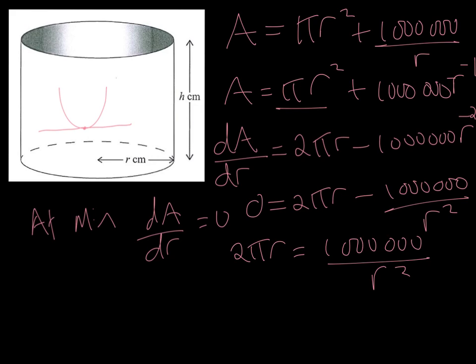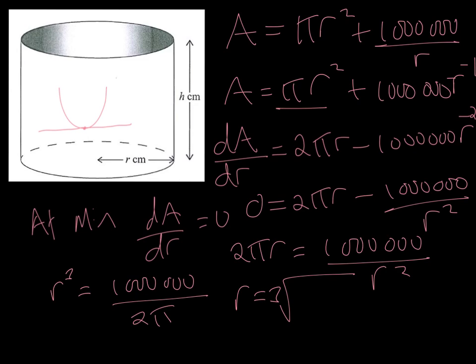So we can say that that is the same as r cubed equals 1,000,000 over 2 pi. So we end up with r is equal to the cubed root of, just simplifying it, 500,000 over pi. And that gives us 54.2 centimetres to 3 significant figures.